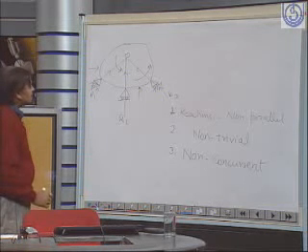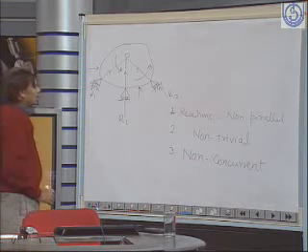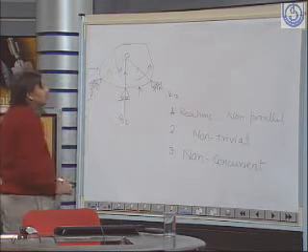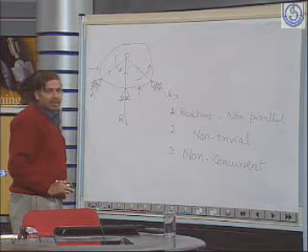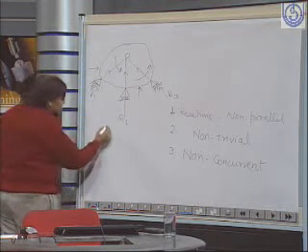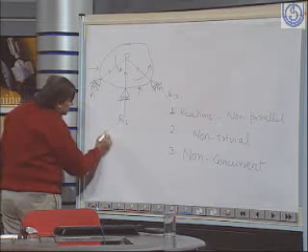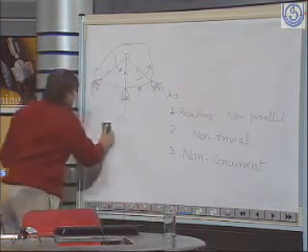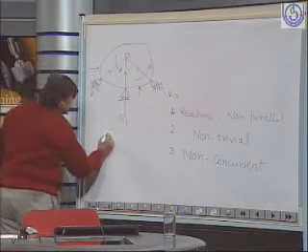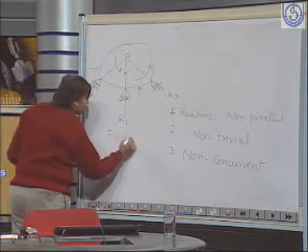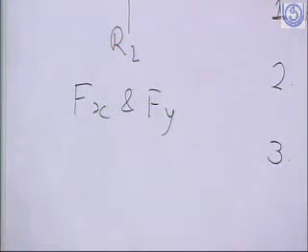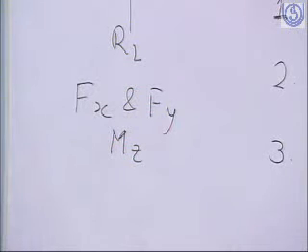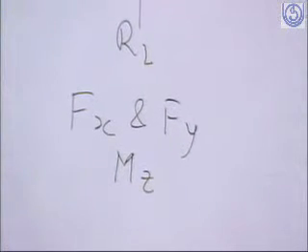So if you see in a plane, when we set the two necessary conditions for making a structure externally stable, we said that it should be able to provide enough restraint in fx and fy direction for a plane structure, and then in the mz direction against any couple.